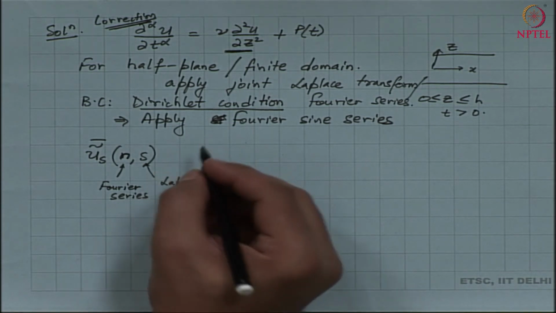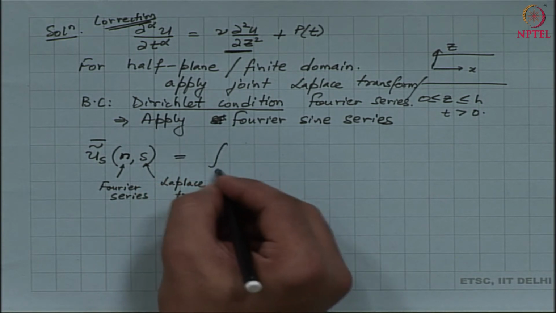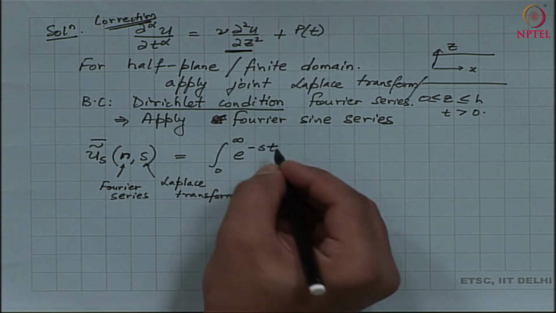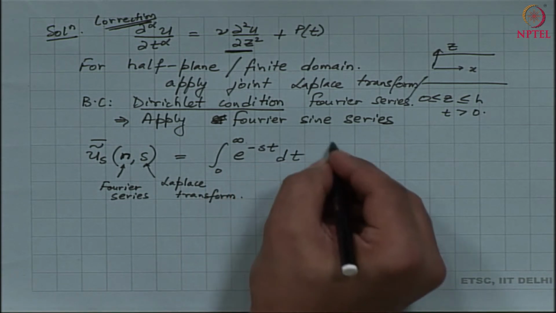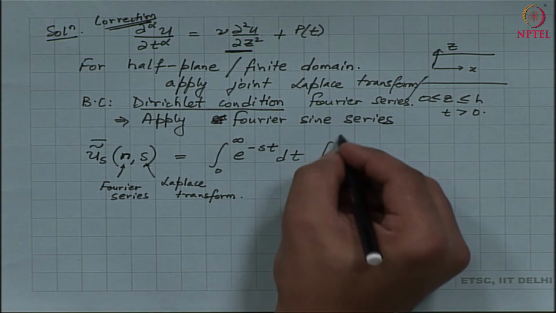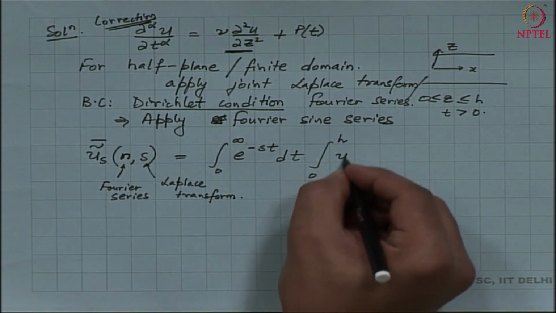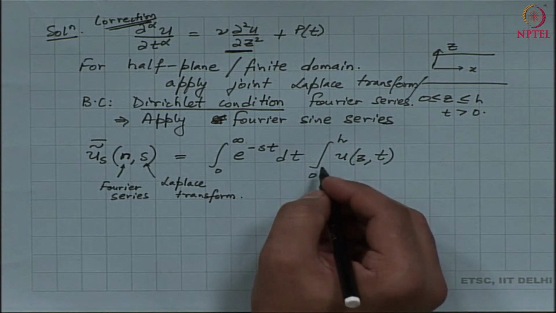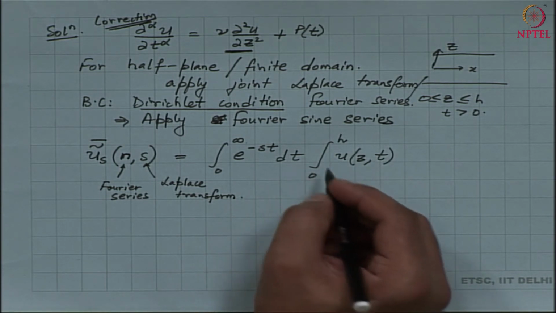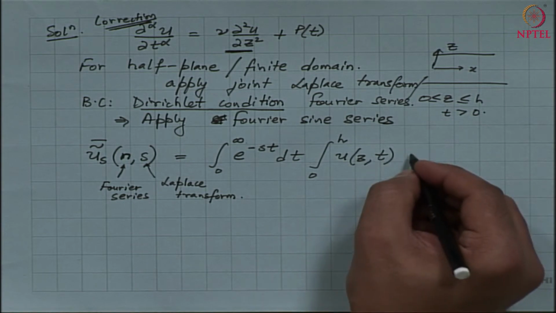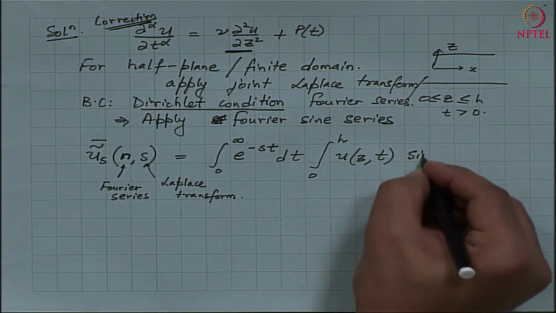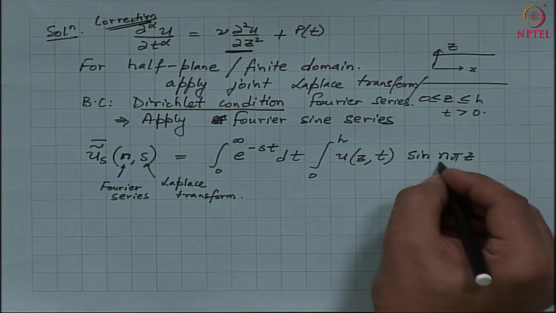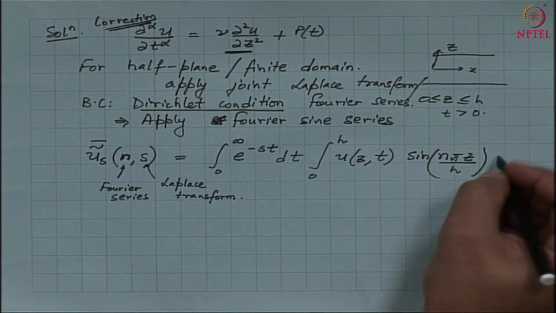Okay. So, then I have the integral from 0 to infinity of e to the power negative s t dt, integral 0 to h of u of z comma t. So, I have now written it in the form of sine. Notice that the application of the sine transform brings in this factor sine of n pi z by h dz.